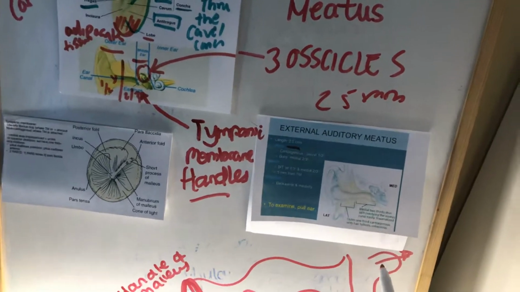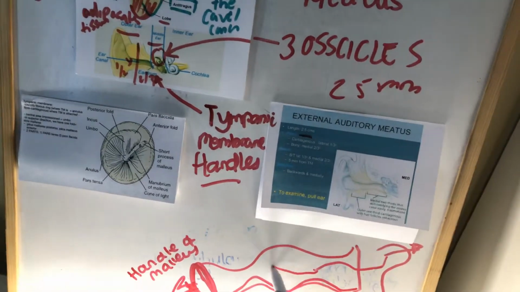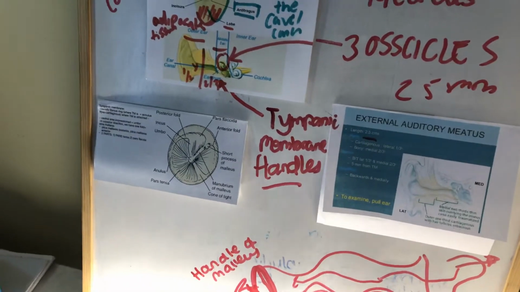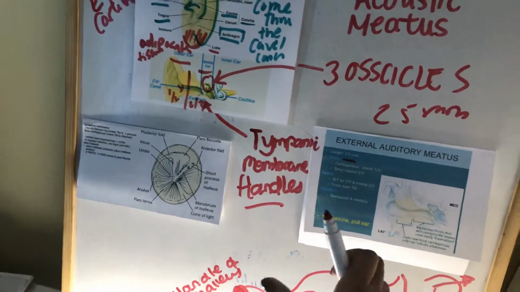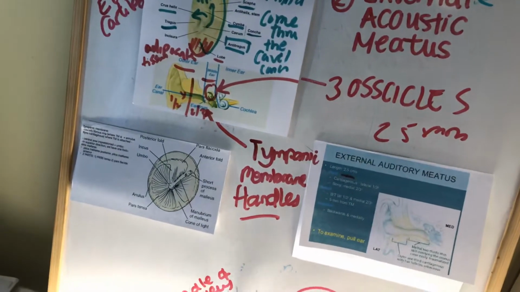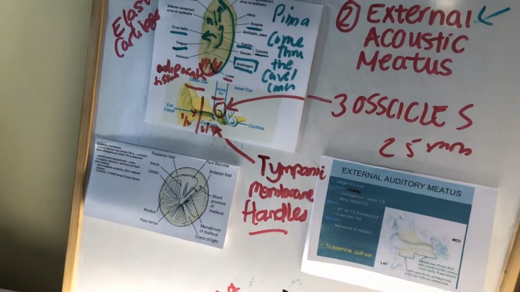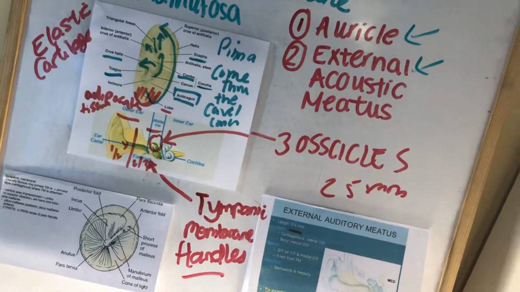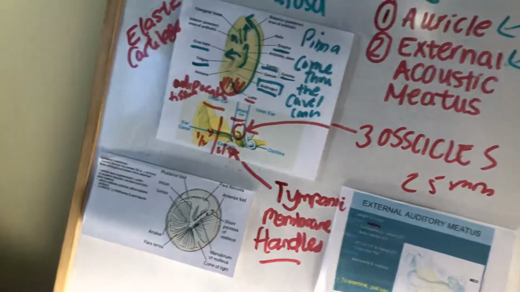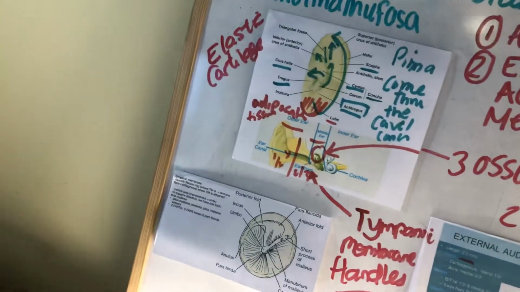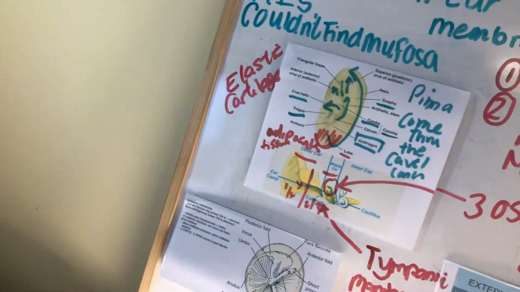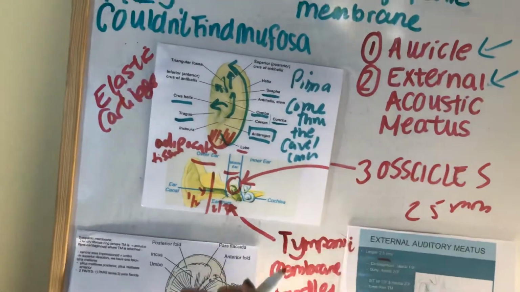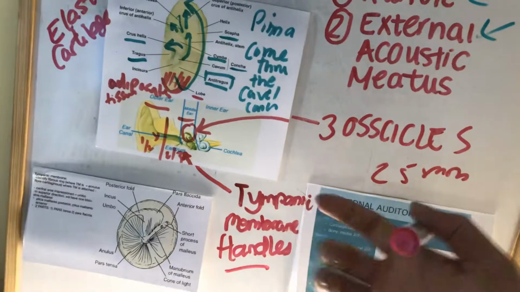Okay, now let's say Simba goes down. As Simba goes down, he comes to a place called the umbo, and there's a door. And that door is your tympanic membrane. And as Simba reaches the tympanic membrane, somebody on the other side asks him, so there's a hand on the door, and that hand represents the handle of the malleus. So earlier I mentioned that the tympanic membrane on the posterior aspect has those three bones.